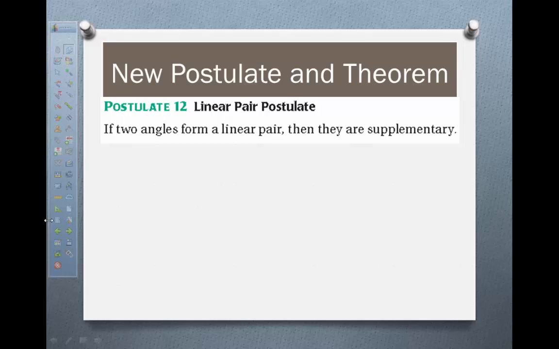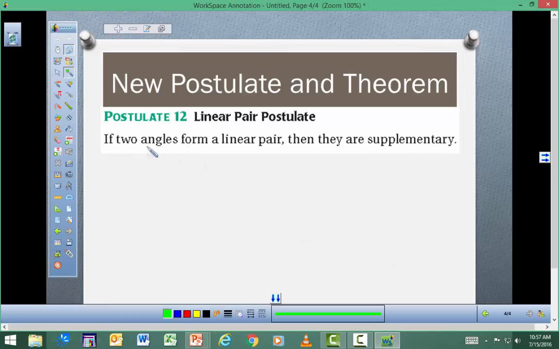So this one says linear pair postulate. If two angles form a linear pair, they are supplementary. A postulate is a rule that we're going to just accept. Theorems, on the other hand, are rules that we could actually prove. So we're not going to take the time to prove this. But basically, if you have a linear pair, with angle 1 here and angle 2, it says that they're supplementary.